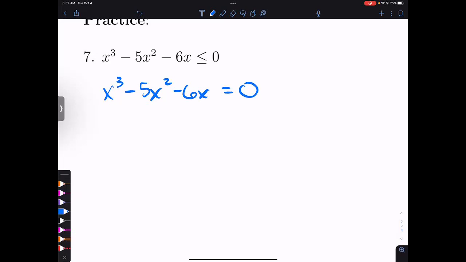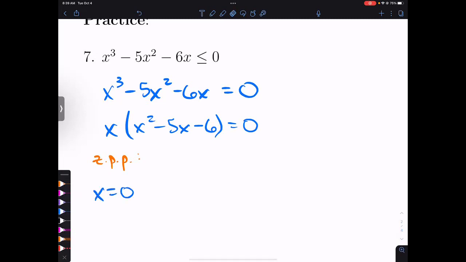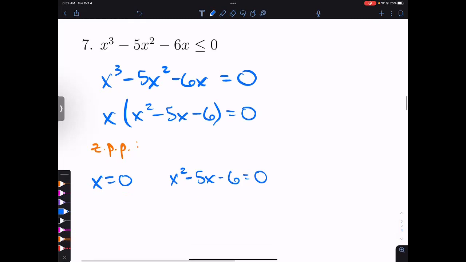There's a common factor of x all the way across, so take it out. Then again, you've got a product equal to 0. So x is 0, or x squared minus 5x minus 6 is 0.